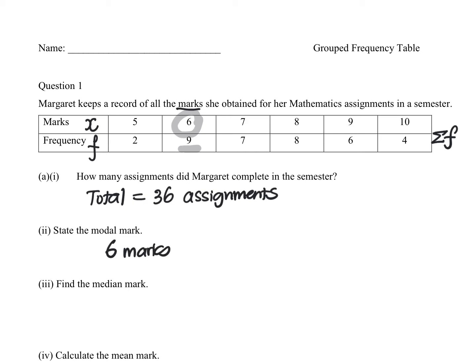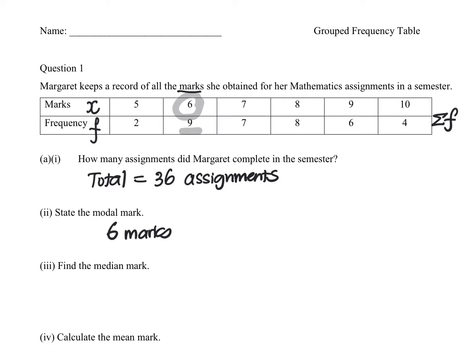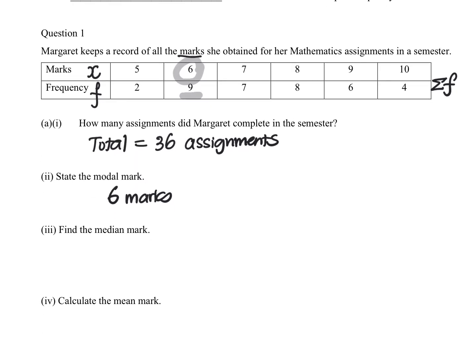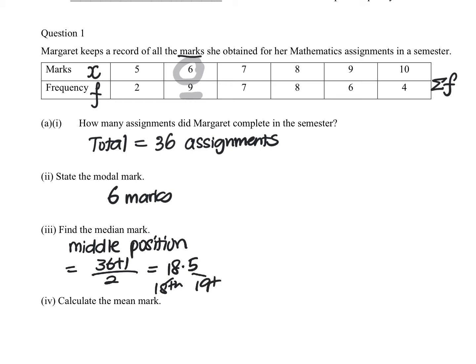Find the median. How are we going to find the median? We know there is a total of 36 assignments. So first, let's find the middle position. That will be 36 plus 1, divided by 2, which gives 18.5, so the 18th number and the 19th number.